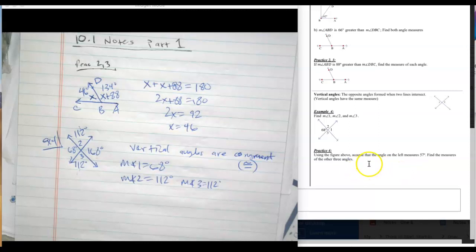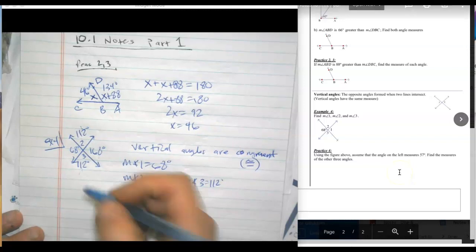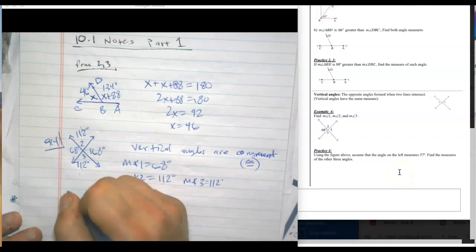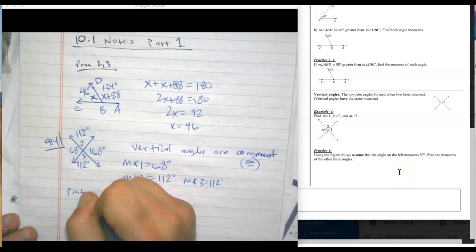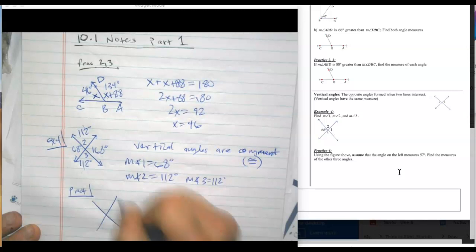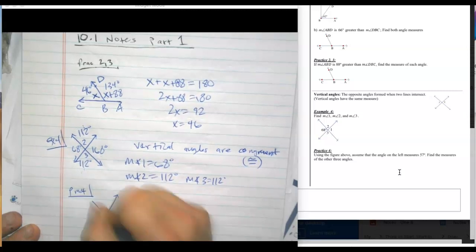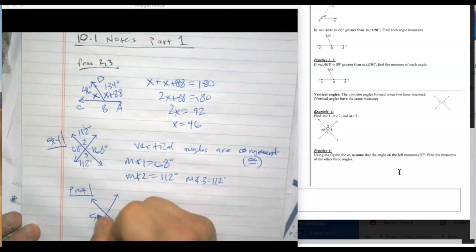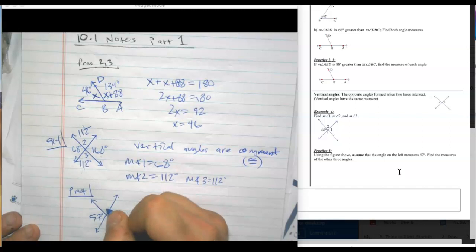It says use the figure above, assume the angle on the left measures 57, find the other 3 angles. So in practice 4, it says use the same angles, assume the angle on the left is 57 degrees, and we still have angles 1, 2, and 3. Well, angle 1 has to be 57. These are vertical.